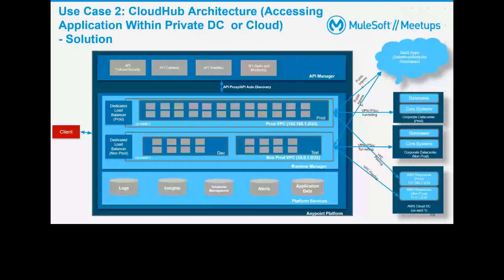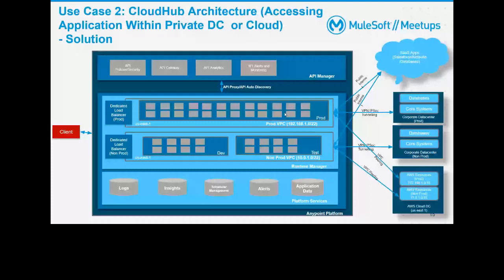So what I have done: for connecting SaaS-based applications, the first thing is to create a VPC. Generally it is required when you want to connect resources available in the private cloud or in a corporate data center; you have to create the VPC and deploy the application within the VPC. I create two VPCs, prod and non-prod. I map all the non-prod environments to the non-prod VPC and the prod environment to the prod VPC.